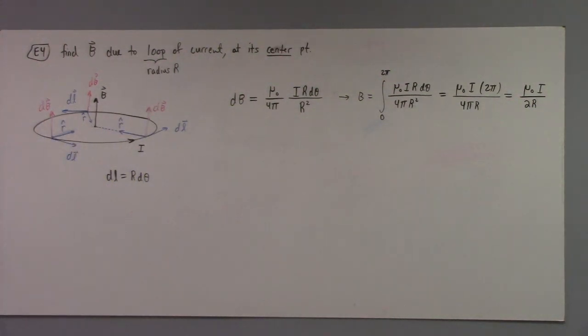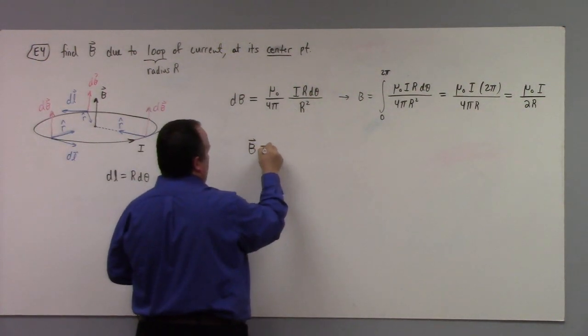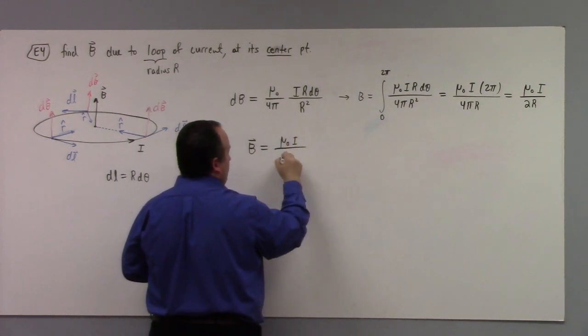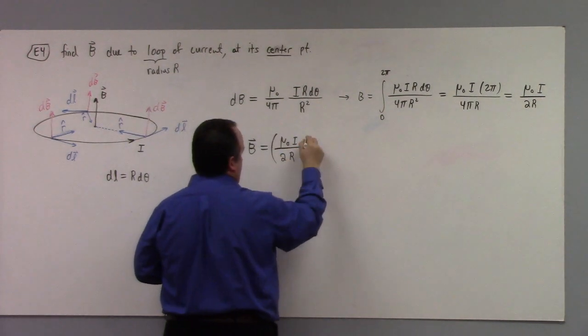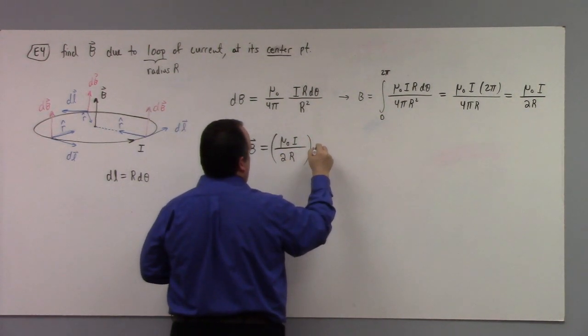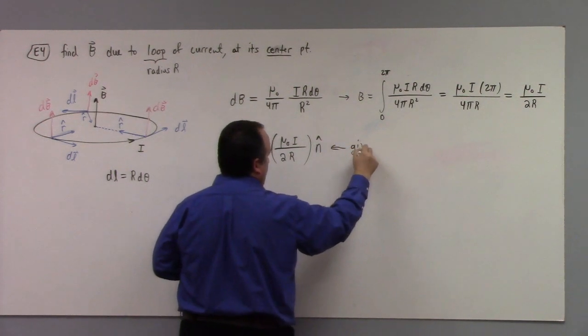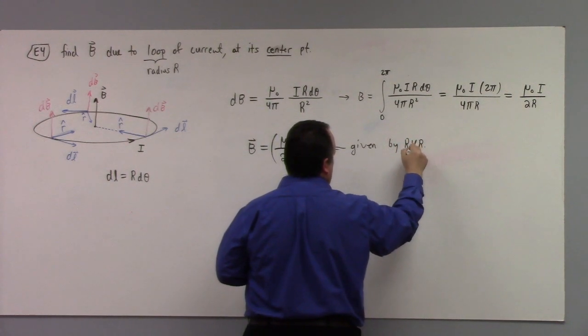So the magnetic field is simply B equals mu naught I over 2r, with n hat given by the right-hand rule that I described at the start of this example.